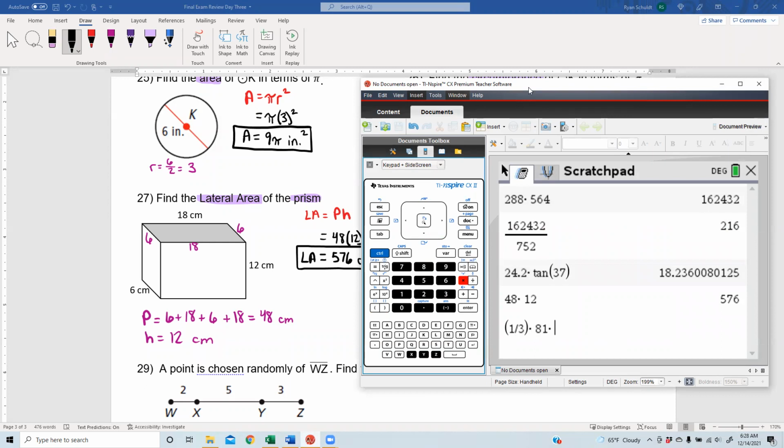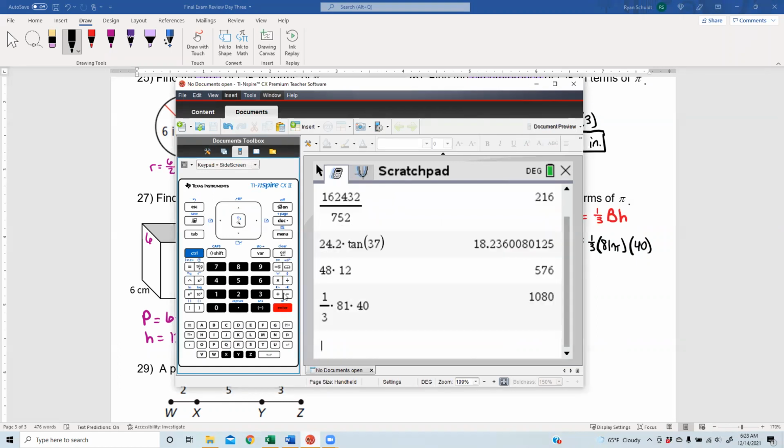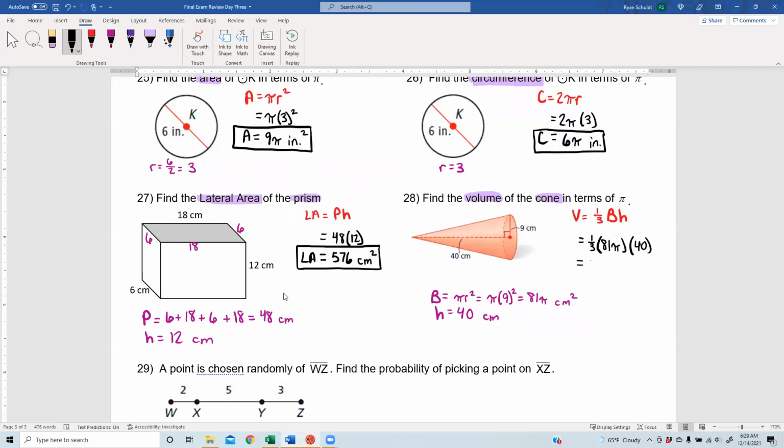No, not 108. 1080. I revised my guess. 1080. It is 1080. Sweet. 1080 pi centimeters cubed.